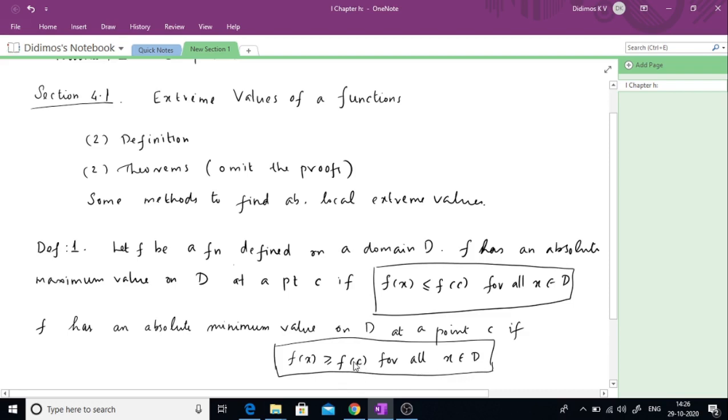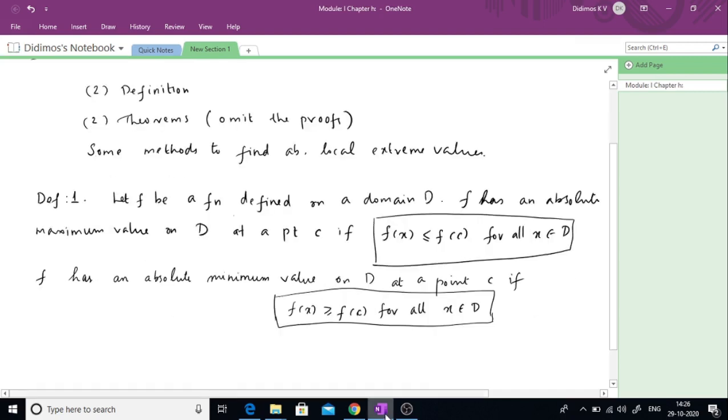So these are the first definition, absolute maximum and absolute minimum value of a function on D.